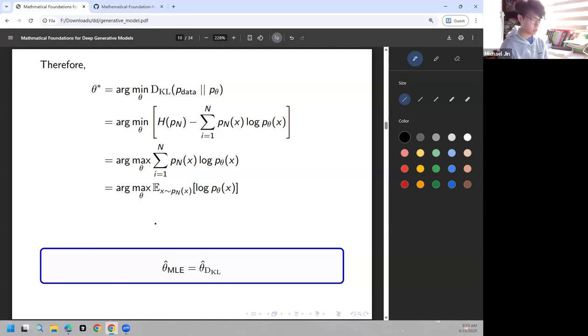And because the latter term has a negative sign, we are just doing the argmax of the positive part of it, just the argmax of the sum of P and log P theta, right? And this is just the expectation over all x's drawn from the empirical distribution, and the function is log P of theta, right? And this is exactly what we got from the MLE method.